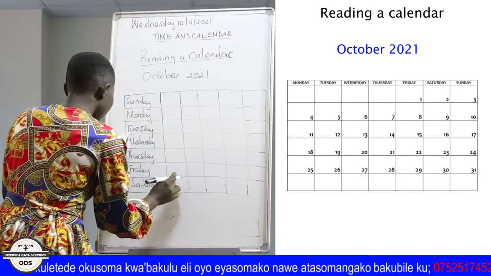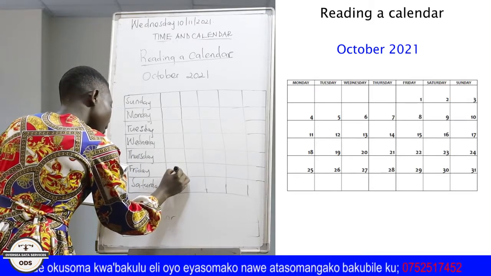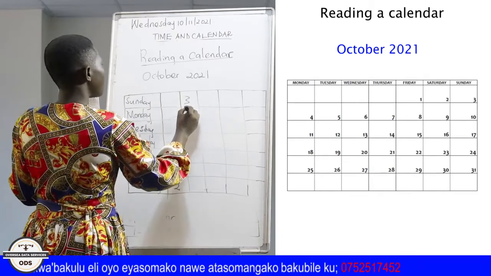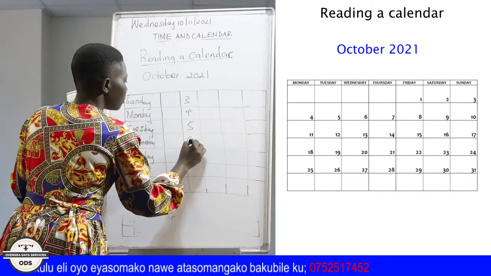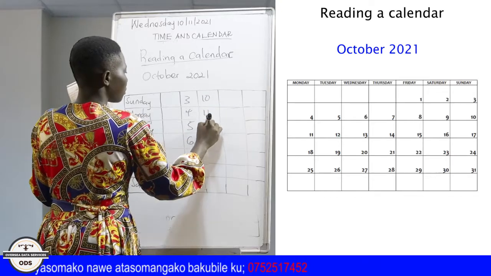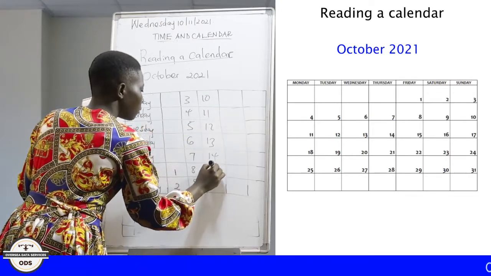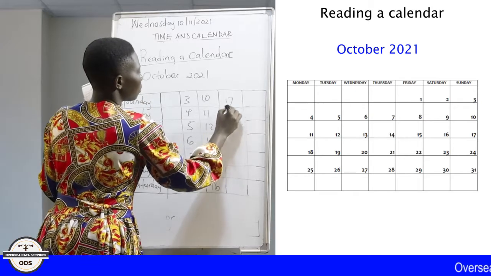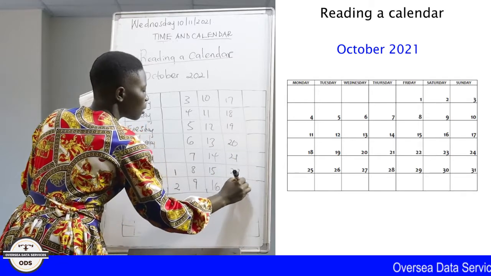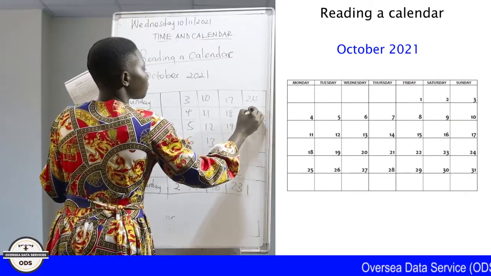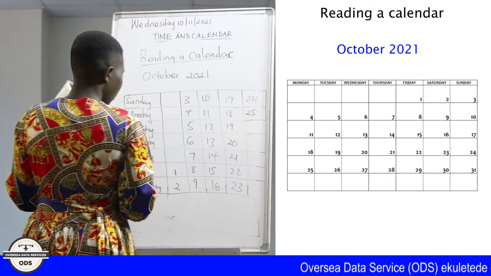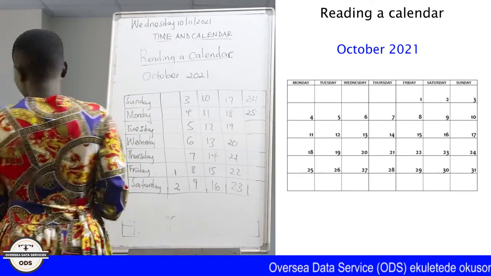You realize that this month started on Friday. 1st, 2nd, 3rd, 4th, 5th, 6th, 7th, 8th, 9th, 10th, 11th, 12th, 13th, 14th, 15th, 16th, 17th, 18th, 19th, 20th, 21st, 22nd, 23rd, 24th, 25th.